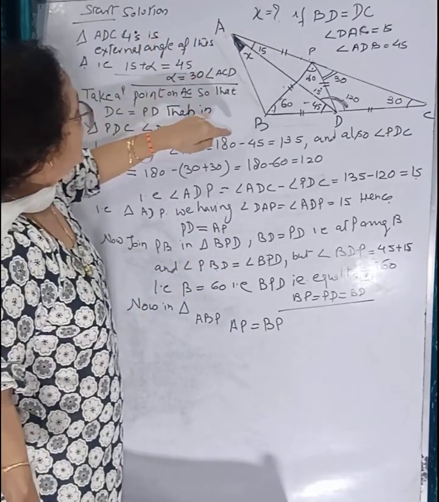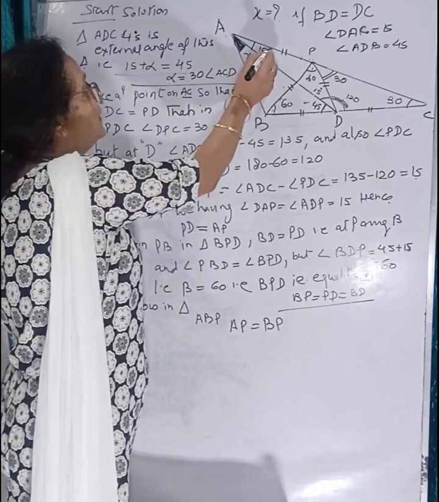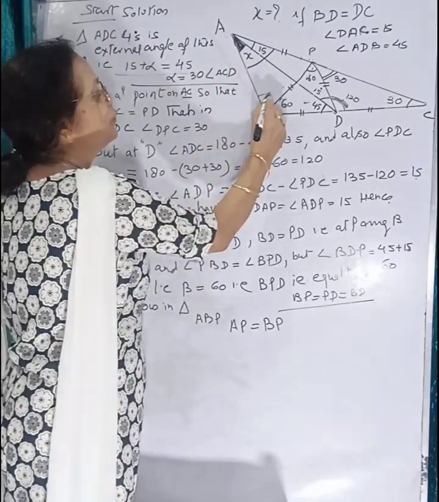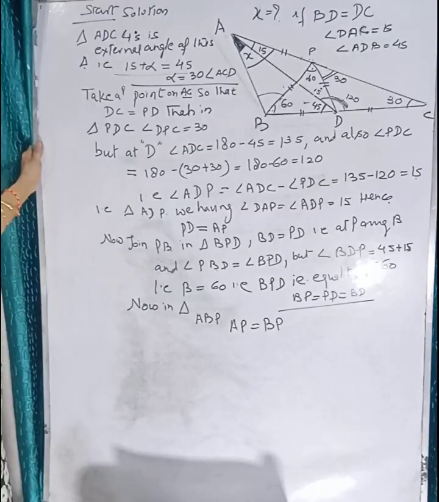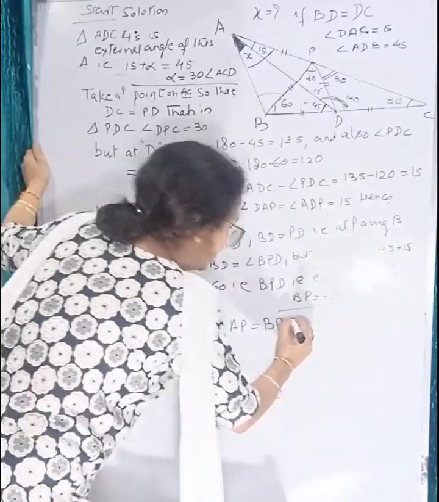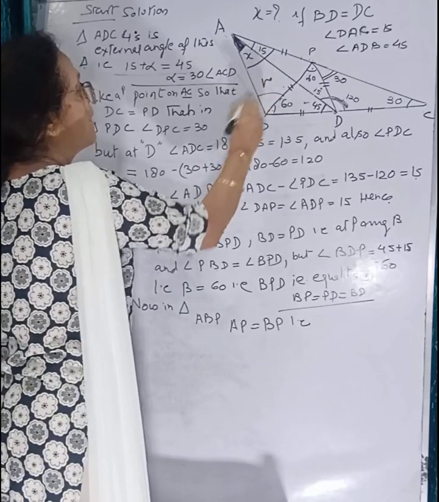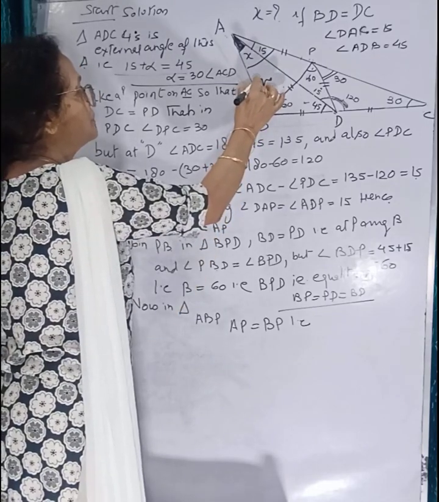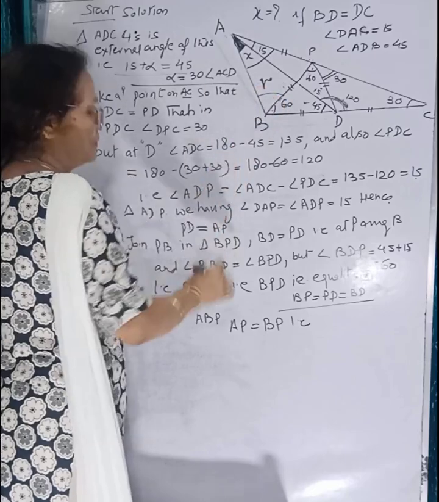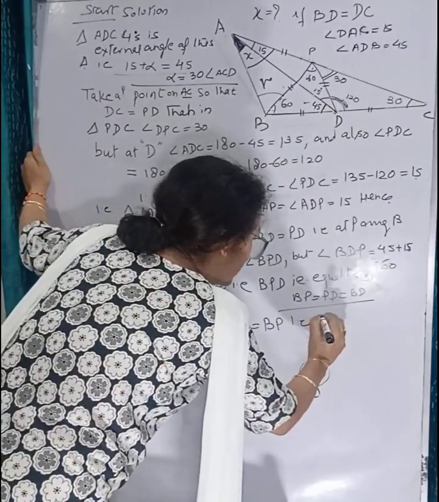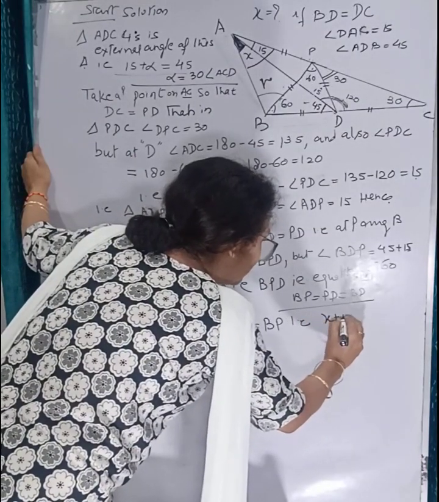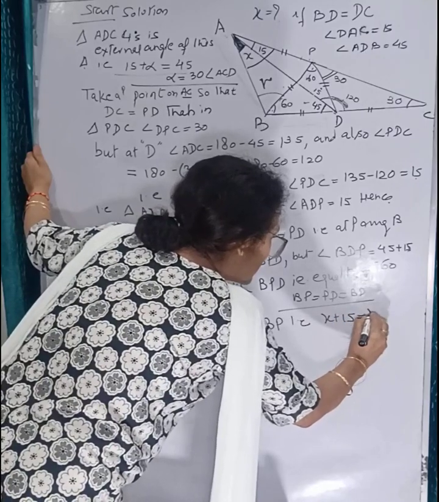AP is equal to BP. It means this whole angle is equal to this whole angle. Okay. Supposing this angle is gamma. It means that x plus 15 is equal to gamma.